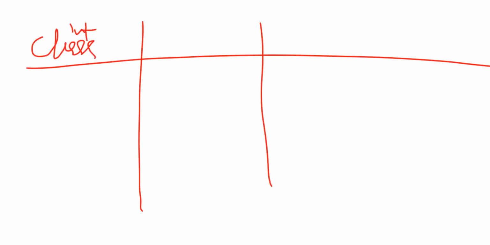So let's see how that was. We won't waste much of our time on this one. We call this column the class interval. This one will be our tally for us to calculate, and this will be our frequency.